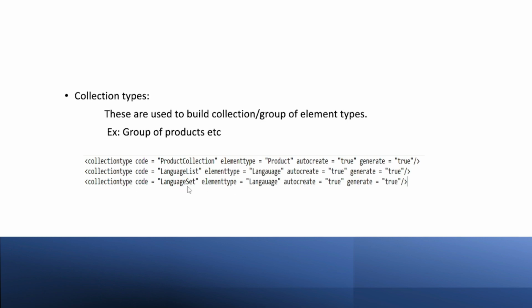Second, we are getting the language set, and it is also a type of language. So like that we can define collection types in Hybris. We will see in the code base as well what is defined out of the box.